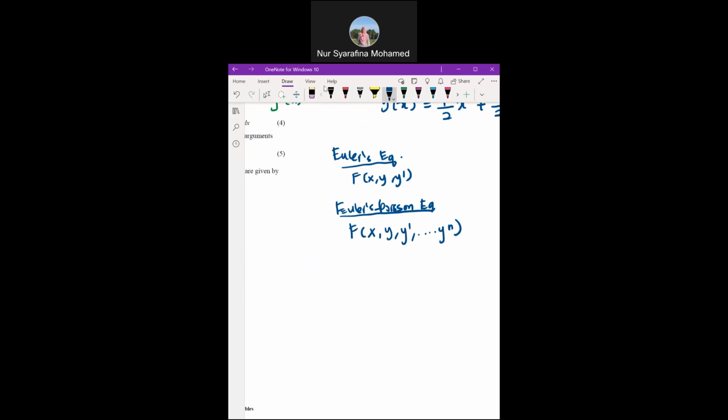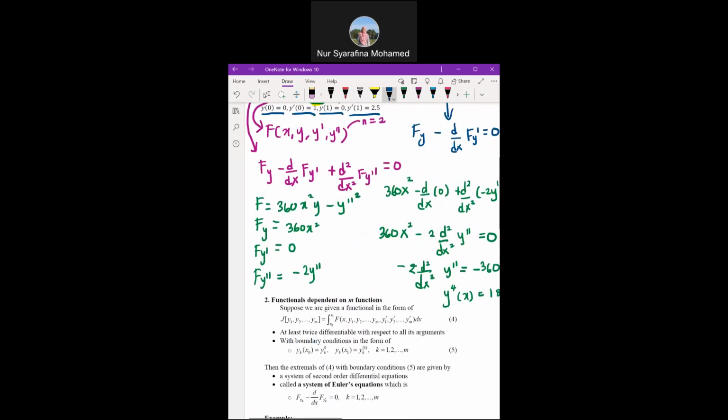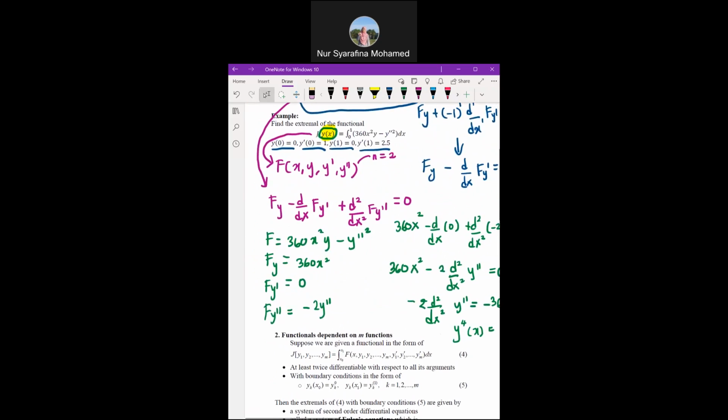The n here is determined by the order of the derivatives. As in the previous example, we had up until second order, so we just substitute n equals 2.